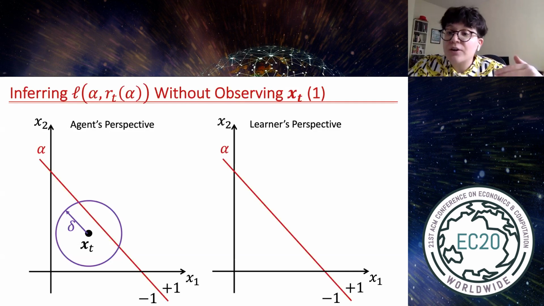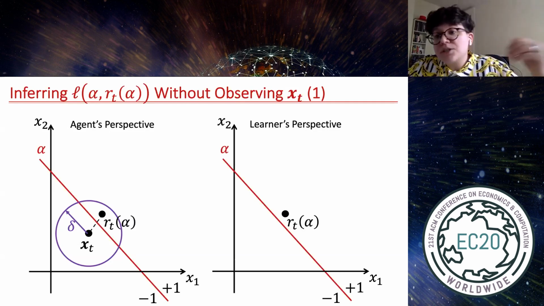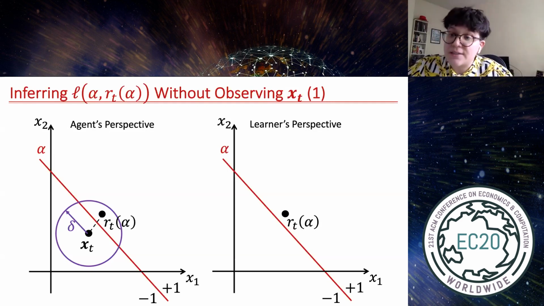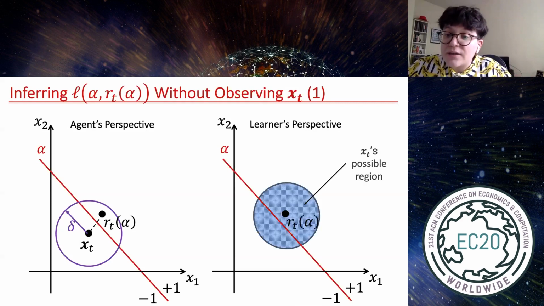And once the learner commits to a classifier, then the agent can misreport something that makes them look good in terms of the classifier. Now, what does the classifier know by knowing that the agent reports in a ball of radius delta? They know that xt, the true feature vector, is lying somewhere around this region, but they cannot pinpoint exactly where xt lies, with the actual data point.